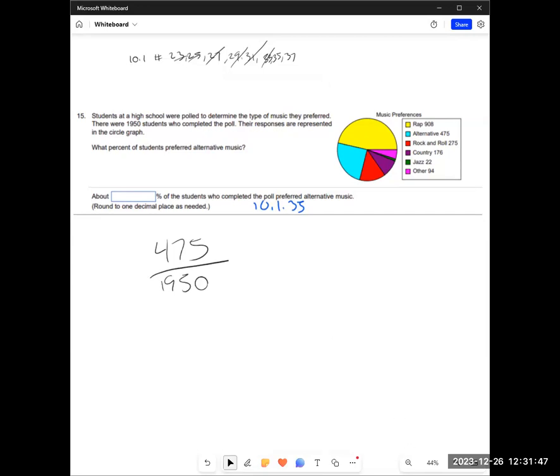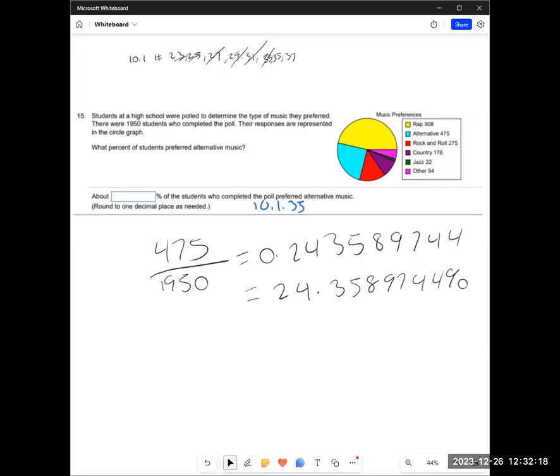And if I divide that in my calculator, I get 0.243589744, which equals 24.35897444%. And we want to round that to one decimal place for the percent. So that's 24.4%.